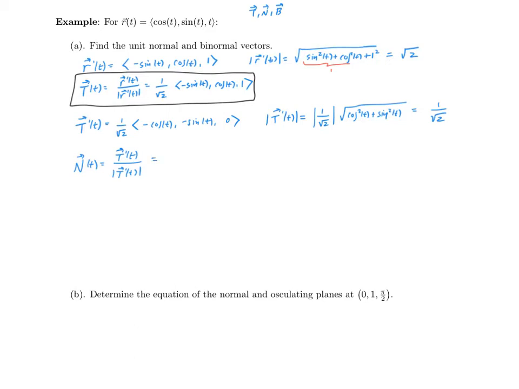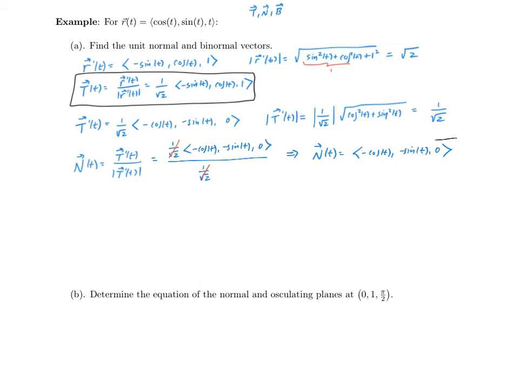So T prime, if we just cut and paste from above, all divided by the magnitude of T prime, which is 1 over root 2. So the 1 over root 2 cancels, and this gives us a nice convenient formula for the normal vector. It is the vector minus cosine, minus sine, 0.